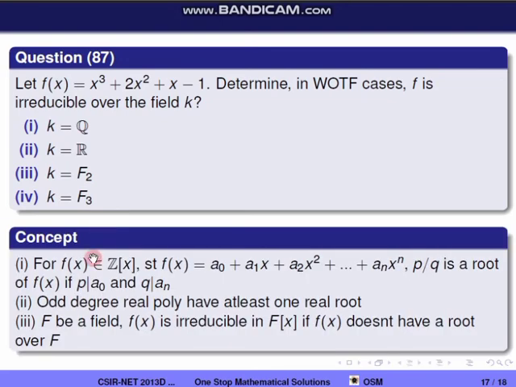For f(x) in Z[x] such that f(x) is equal to a0 + a1x + a2x^2 + ... + an x^n, p/q, a rational number, is a root of f(x) only if p divides a0 and q divides an. An odd degree real polynomial has at least one real root. Let F be a field, f(x) of degree 2 or 3 is irreducible in F[x] if f(x) doesn't have a root over F.